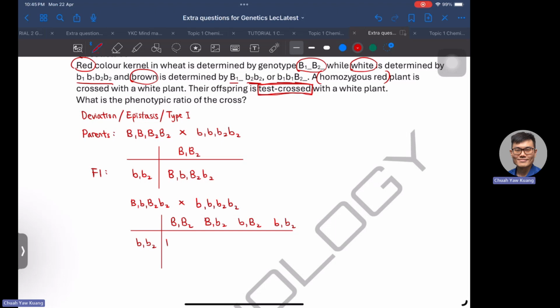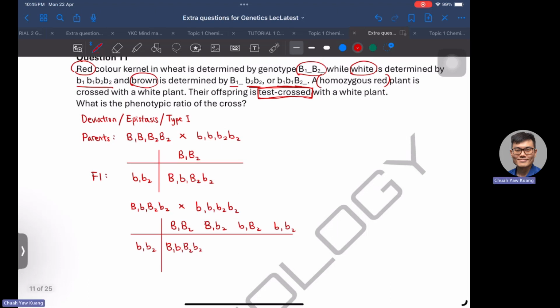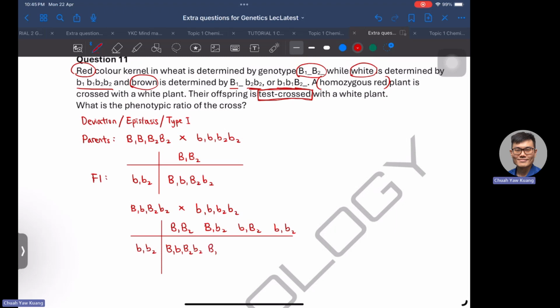So the first one is B1 b1 B2 b2, so it's a heterozygous one. Then the second one is B1 b1 b2 b2. Then the third one will be b1 b1 B2 b2.